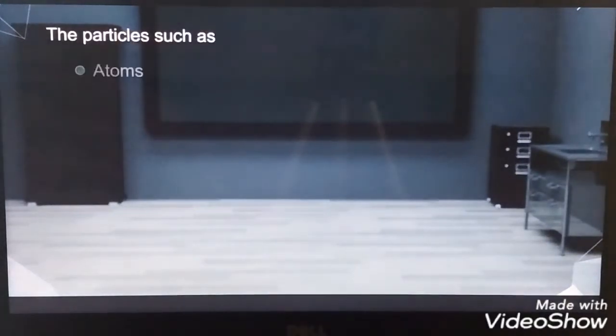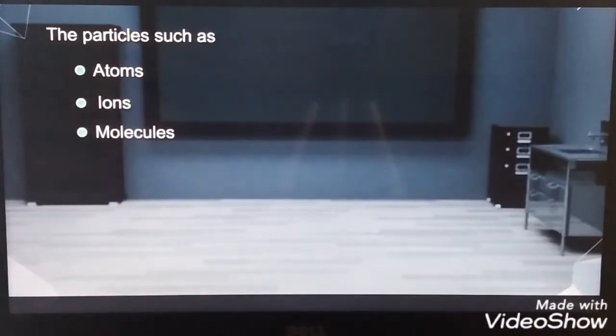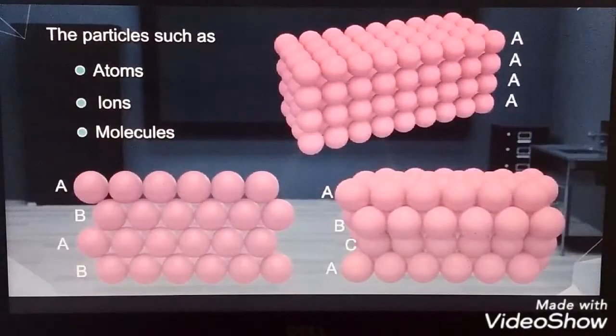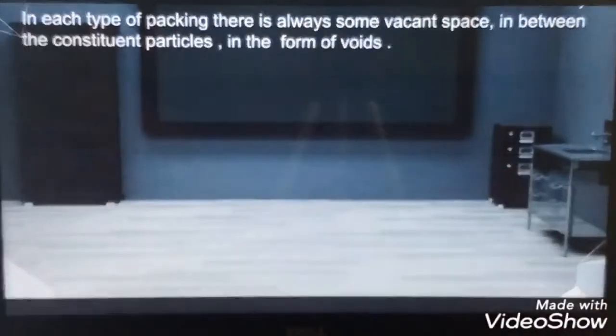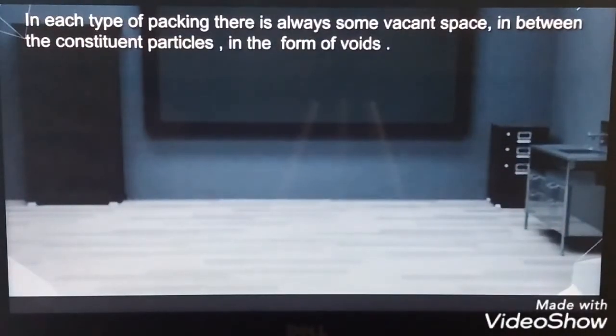Packing efficiency in crystals. The particles such as atoms, ions, or molecules in crystals can be packed together in several different ways. In each type of packing, there is always some vacant space in between the constituent particles in the form of voids.